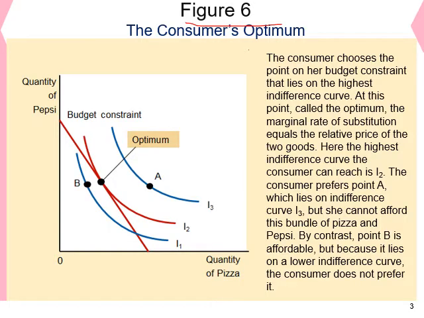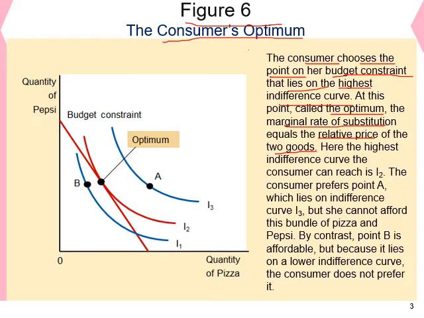Figure 6 displays the consumer optimum. So the consumer chooses the point on the budget constraint that lies on the highest indifference curve. At this point, called the optimum, the marginal rate of substitution equals the relative price of the two goods.